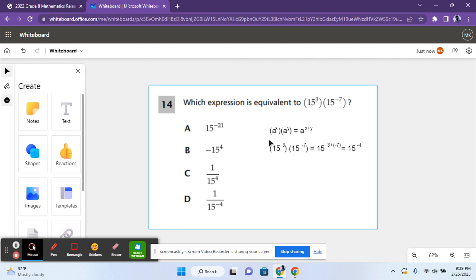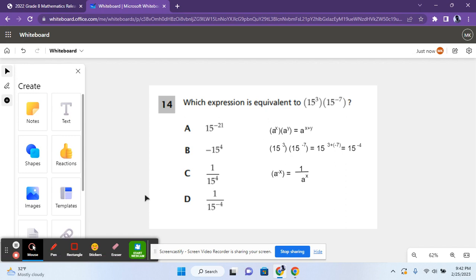If you replace the values, you would get 15^3 times 15^-7. That's equal to 15^(3 + -7), which is equal to 15^-4. I wrote it in this line so you guys could visualize that better.